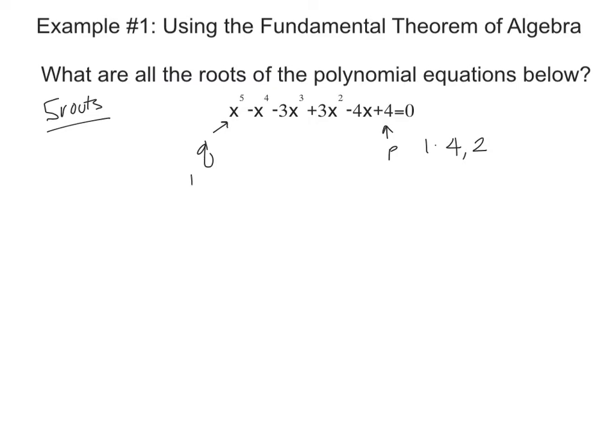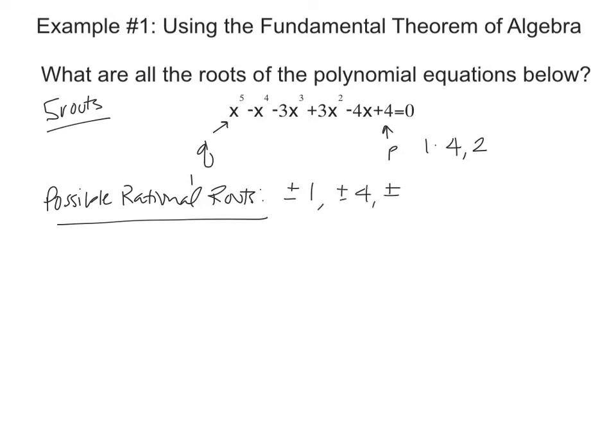And then Q is just 1, so the possible roots, and let's be specific, the possible rational roots are plus or minus 1 over 1, plus or minus 4 over 1, and plus or minus 2 over 1. And I really should have put 1, 2, 4, but it doesn't matter.